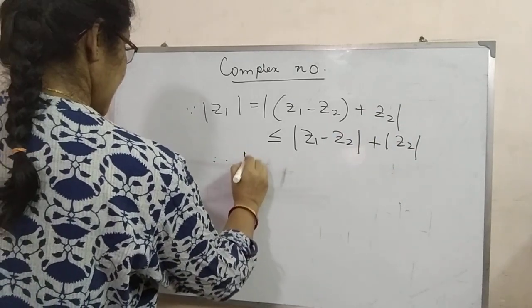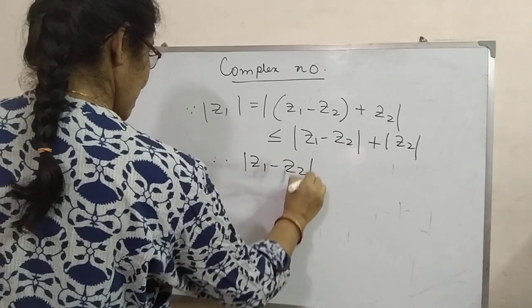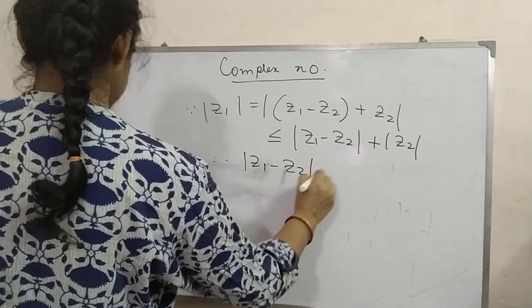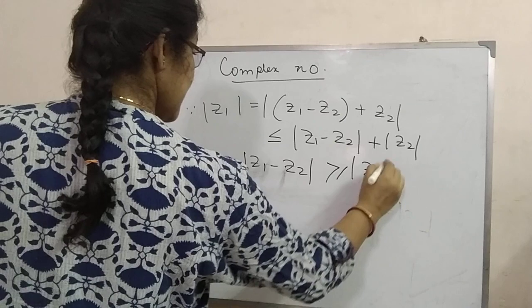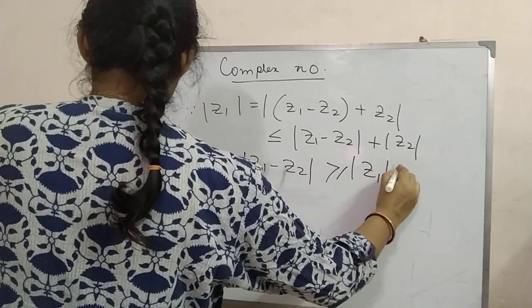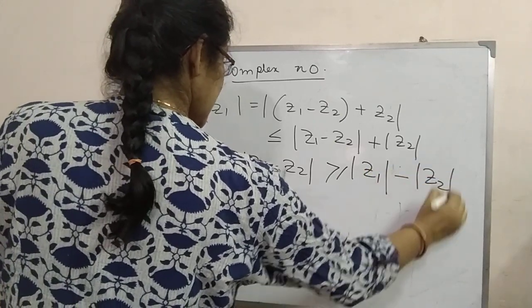Therefore, modulus of Z1 minus Z2 is greater than or equal to modulus Z1 minus modulus Z2.